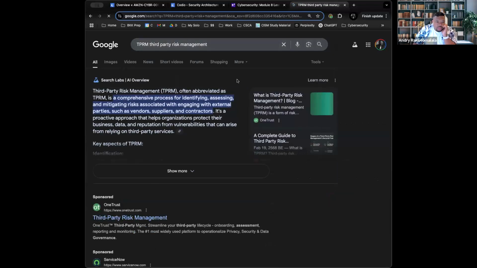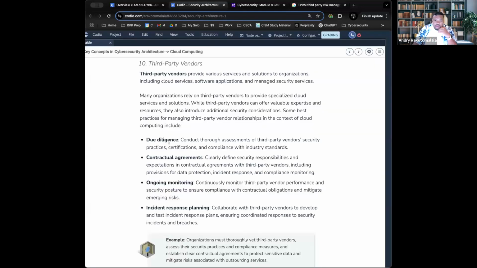It's a whole industry where you can make this your entire job, because you want to identify any risks ahead of time before you actually work with them. This is why due diligence is really important: you need to make sure that they have the right security controls, the right security practices, the right certifications, and that they comply with all industry standards.